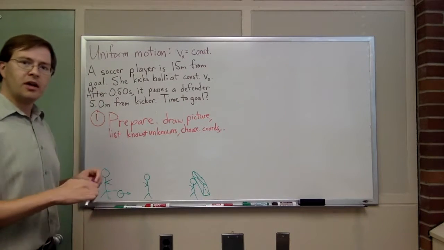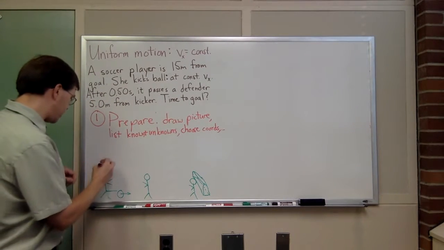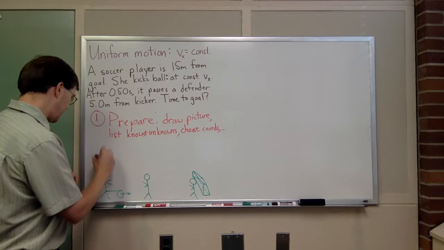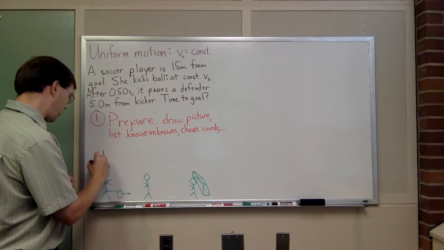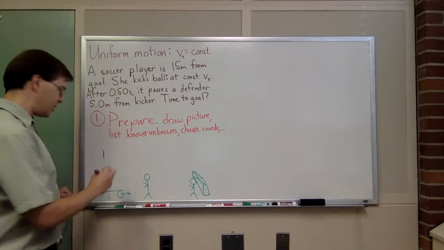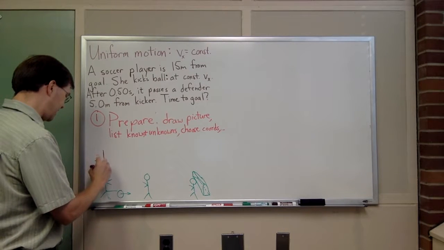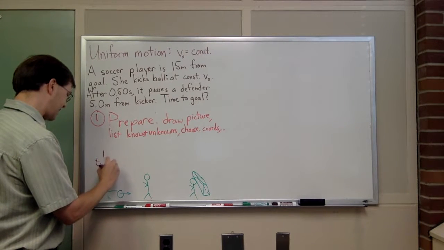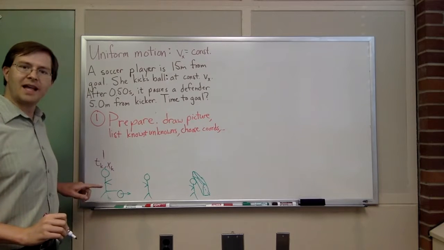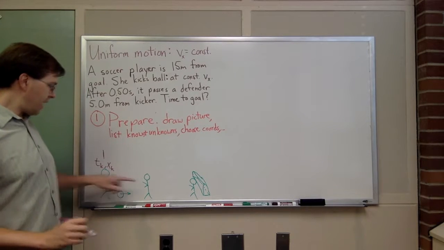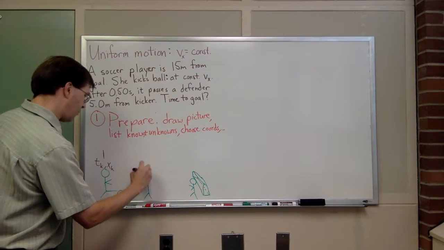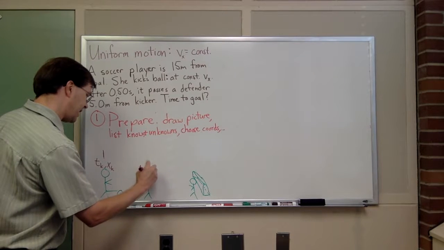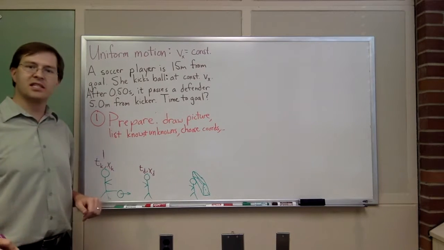In particular, I will label this position to be the kicker's position. When the ball leaves that position, I'm going to call it t_kick and x_kick to represent that information. And here, this will be the time when it passes the defender, t_D and x_D.